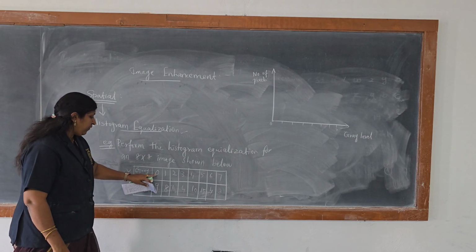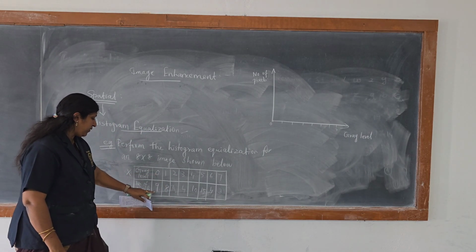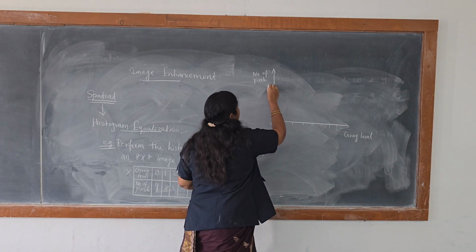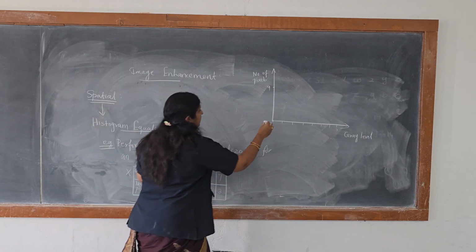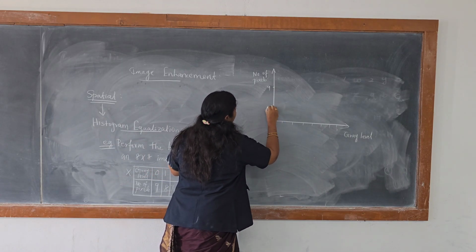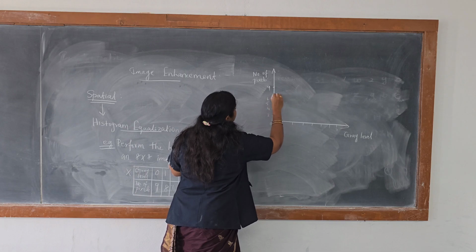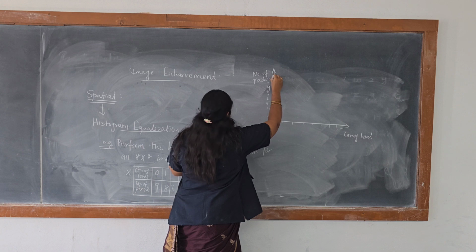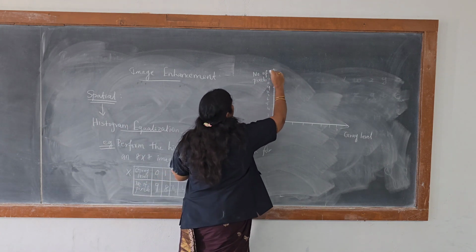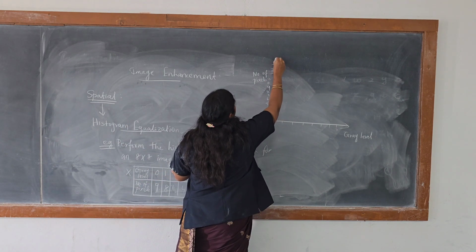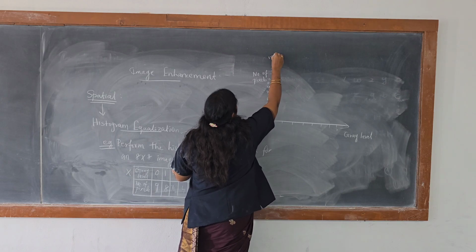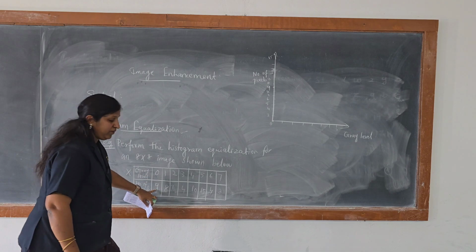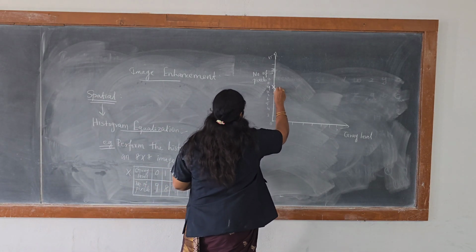If the gray level value is 0 and the frequency is 9, how can you represent 0 and 9? First plot 3, 4, 5, 6, 7, 8, 9, 10, 11, then up to 15: 12, 13, 14, 15. Now at x-axis 0 the y value is 9, so mark it here.